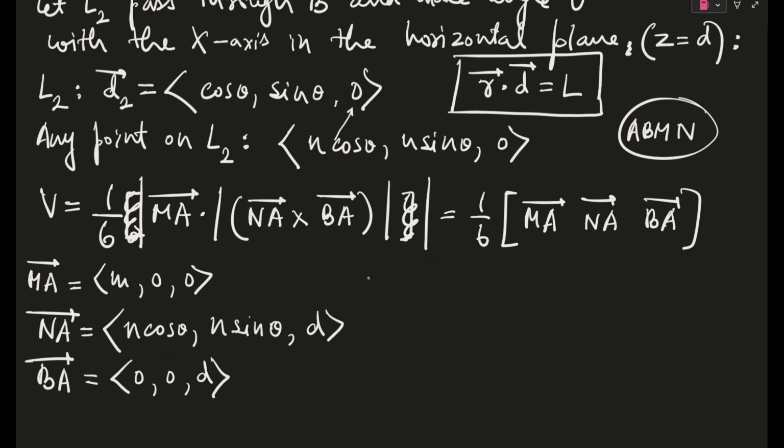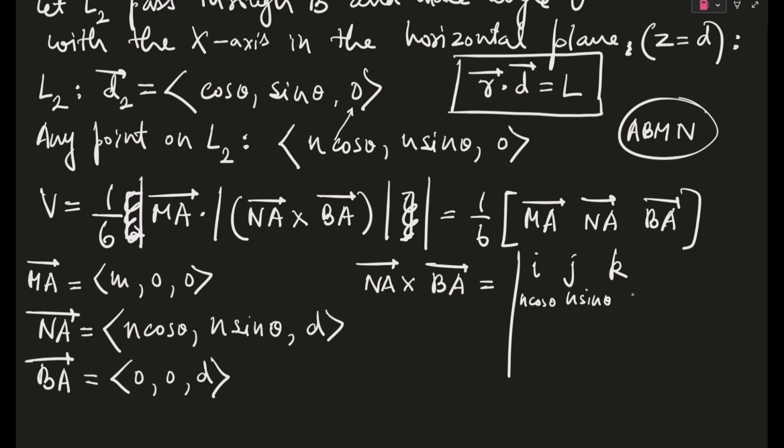Now if we evaluate the cross product NA cross BA, this will be the determinant with i, j, k, then n cos theta, n sin theta, d, and 0, 0, d. If you evaluate this, it will come out to be m n d sin theta. I hope it is pretty easy to evaluate. Okay guys, let's proceed.